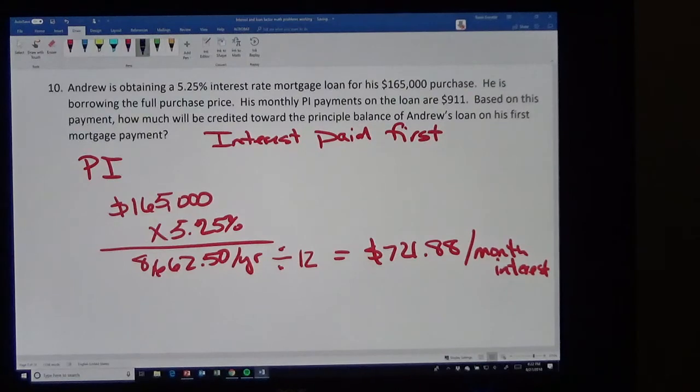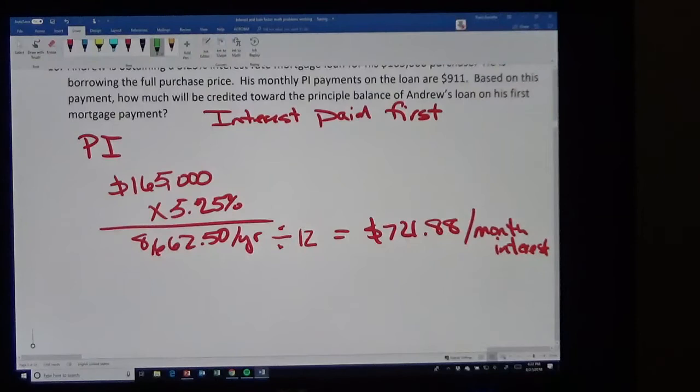And then that brings us to our big question here. How much of that $911 is going toward principal?